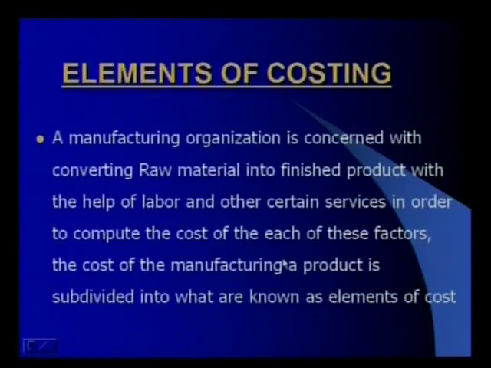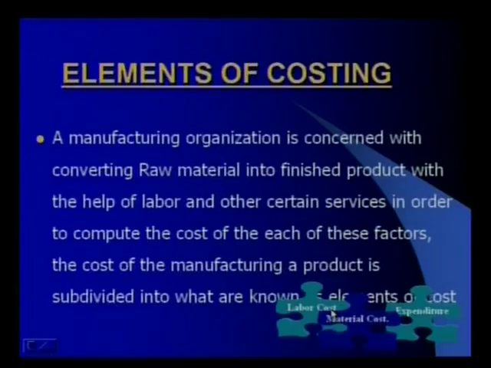In any manufacturing concern, we convert the raw material into the final finished product, for which we require labor as well as some other services. The factors affecting these we are going to see under elements of costing.